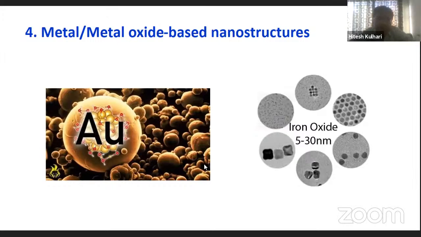These metal oxide nanoparticles are generally used for diagnostic purposes because they give good contrast, and because of that contrast, we can image biological tissues, like MRI imaging and CT scan. In MRI, mostly iron oxide nanoparticles are used. Manganese oxide nanoparticles are also good contrast agents. So we can use metal oxide nanoparticles for diagnostic applications.